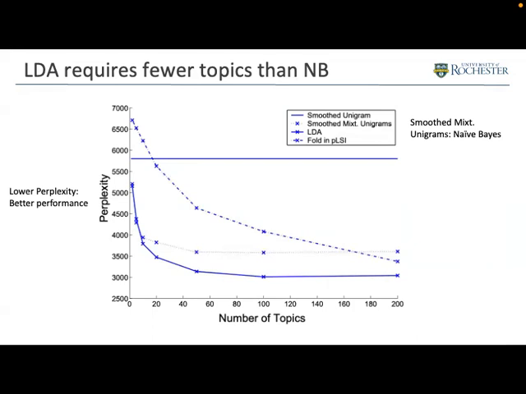But if we use the LDA, if we use the topic models, we will have this one. This result shows that the LDA model has a lower perplexity and a better performance.